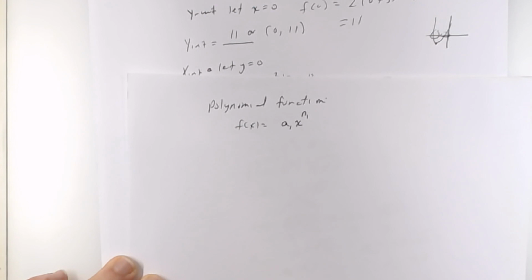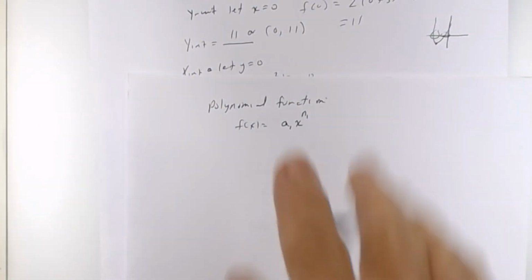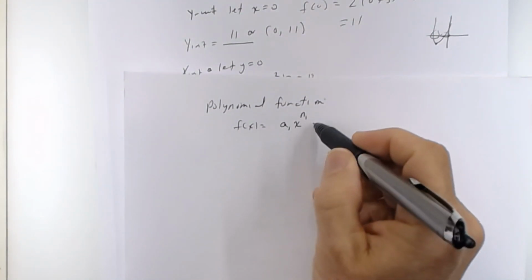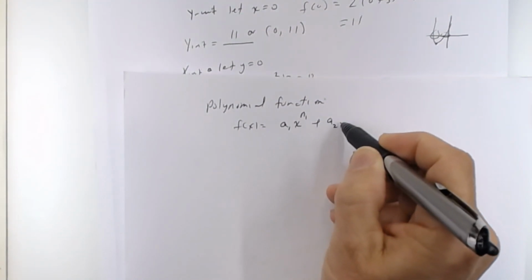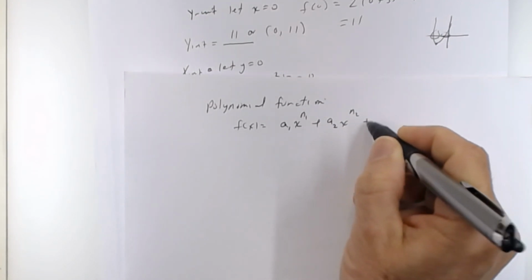So 1, 2, 3, 4, 5. It cannot be negative. So notice I didn't say integer. I said a whole number. It could be 0. But not a decimal. It has to be a whole number. So notice that when we talk about quadratic functions, all those exponents are whole numbers. Plus some other coefficient times x to another exponent, and so on.